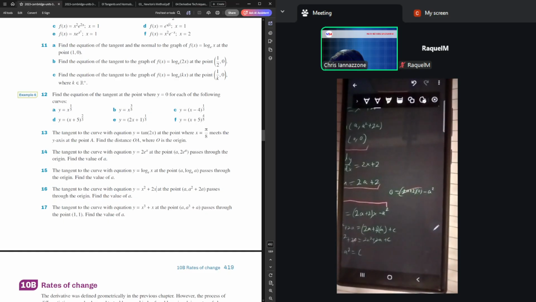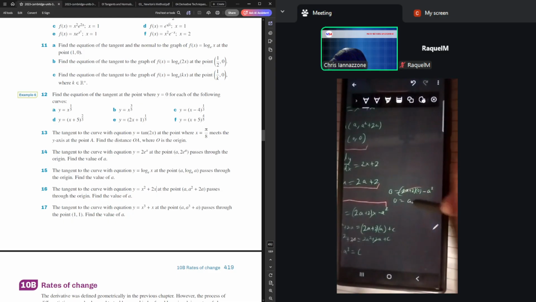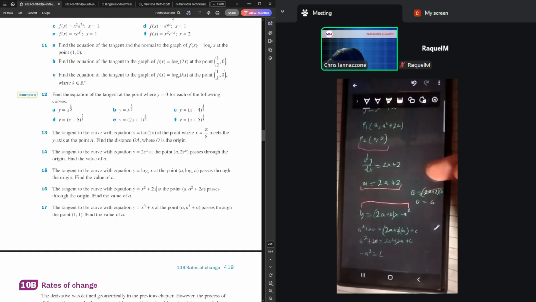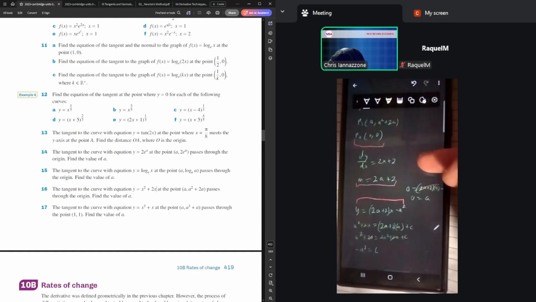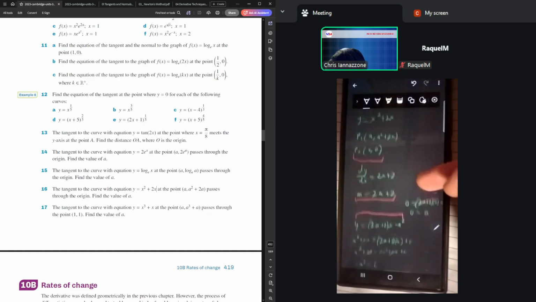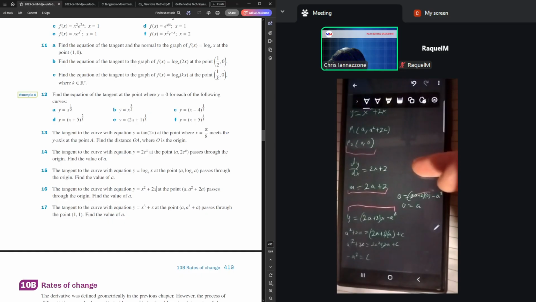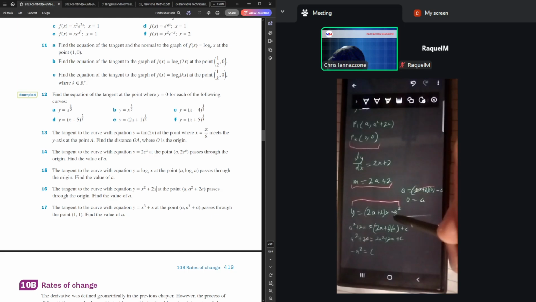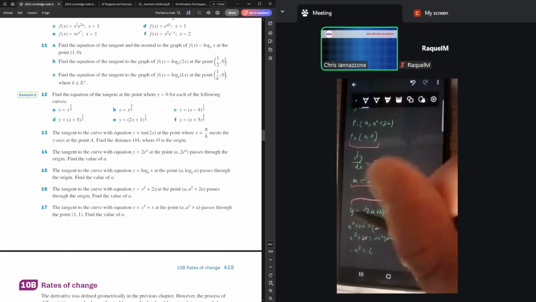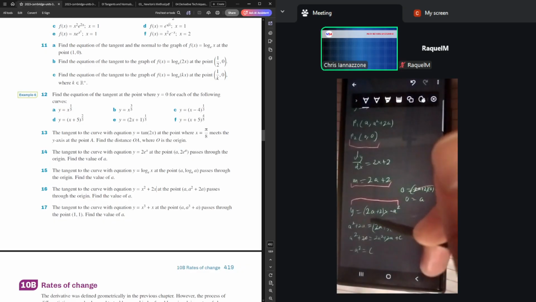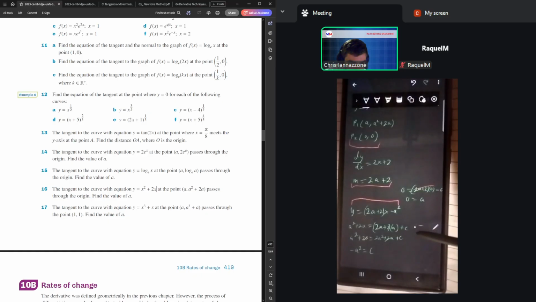That's all going to cancel down, leaving you with 0 equals negative a squared, or just 0 equals a. Which seems a little bit suspicious. 0 being a definitely works out for the plus c, since you want it to go through the origin. So this is just y equals 0, the horizontal line. Does that make sense for this graph? Maybe. I'll do it the other way as well, just to validate. But that is definitely one way of going about it, unless I've done some weird algebra there. Because it exists on the tangent line, you should be able to sub in that known point and therefore get there.